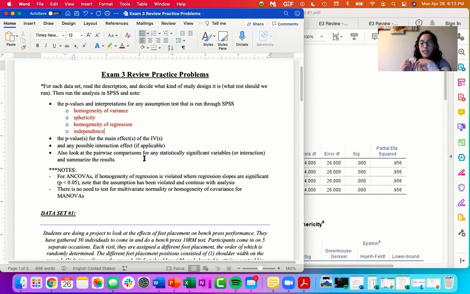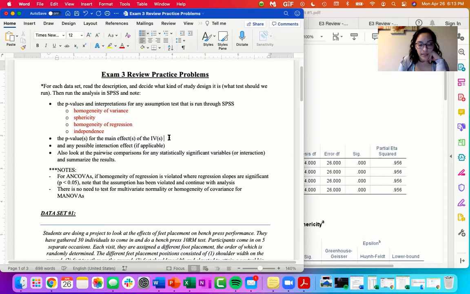The multivariate test in the MANOVA output is a part of the main effects. I believe we have an example of that. Yes, we do, so we'll go over that when we get there. But I just wanted to make a note that these are the ones you would report p-values for.